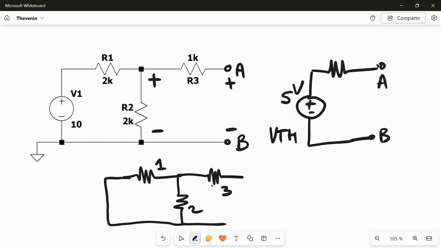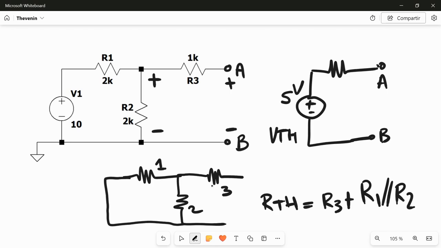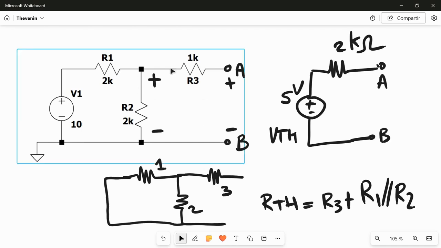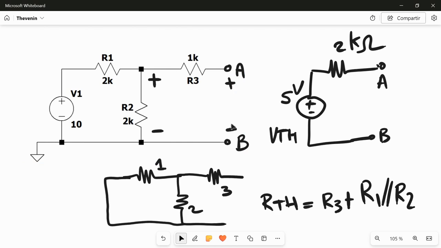So now our RTH is equal to R3 plus the parallel between R1 and R2. So now it is 1 kilo plus 1 kilo, which is 2 kilo. This is actually very simple, but I wanted to show you. Also you see this thing of the voltage here, which is the same as the voltage here.